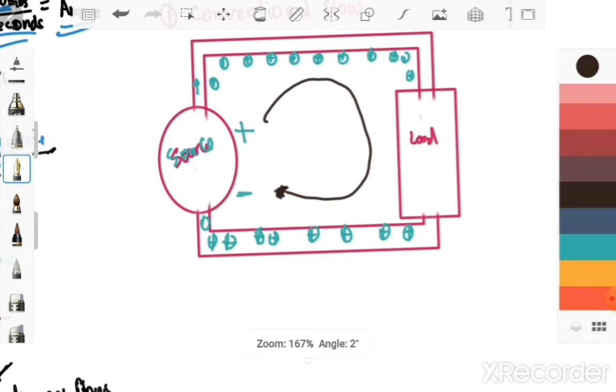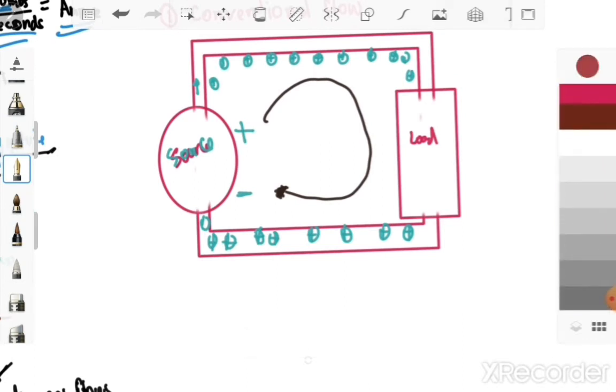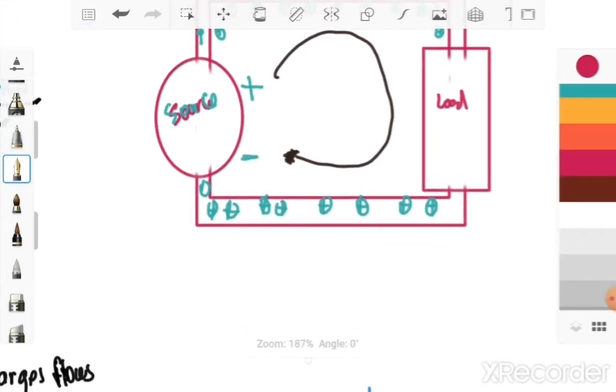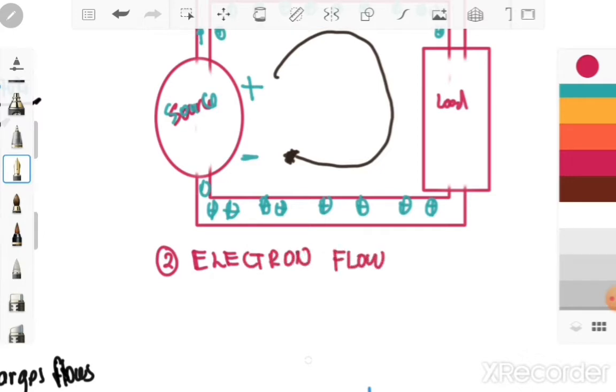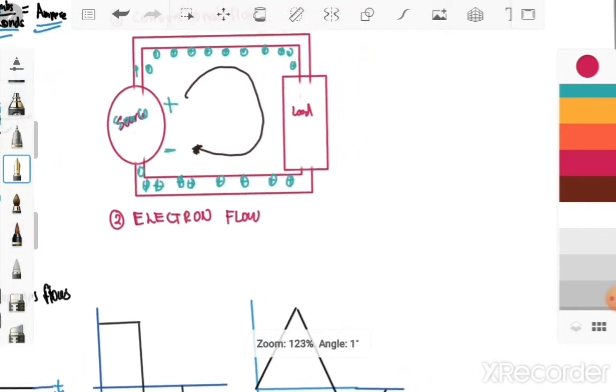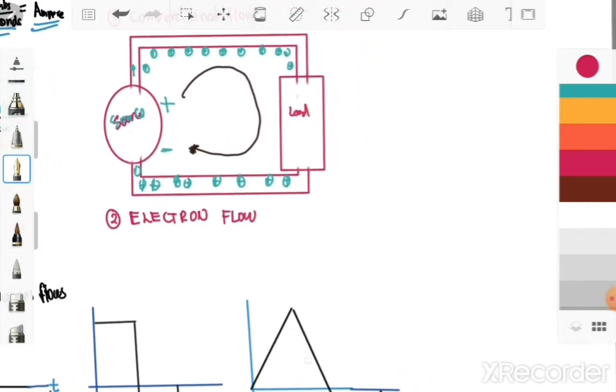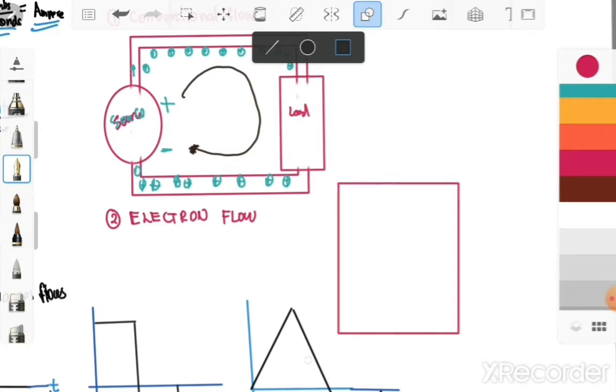Next thing is your electron flow. So, this is actually the theory that we use wherein your electron will move. In electron flow, the one which will move is your electron.